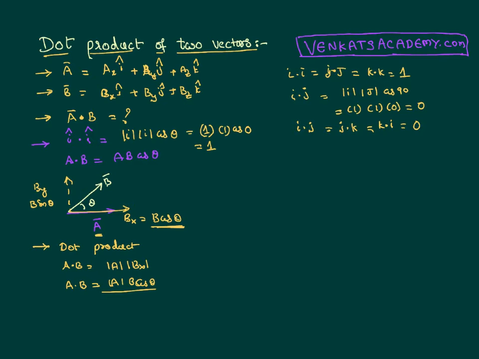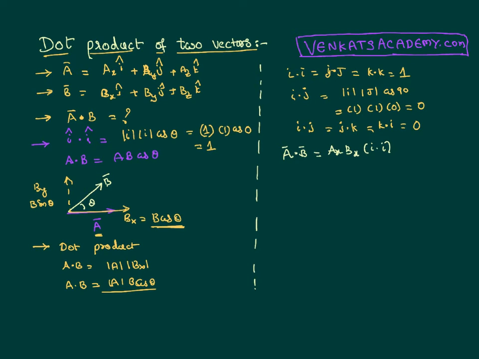Now let's go back to the point. I want to actually find the dot product of the two vectors, a bar dot b bar. So a bar dot b bar is, if I multiply the x components, ax bx i dot i.